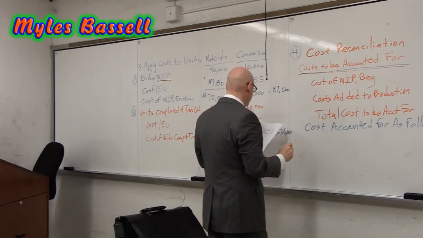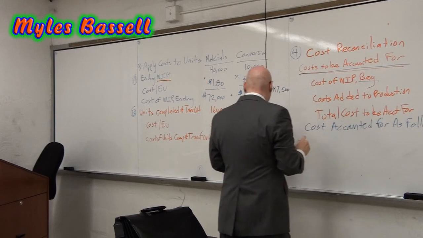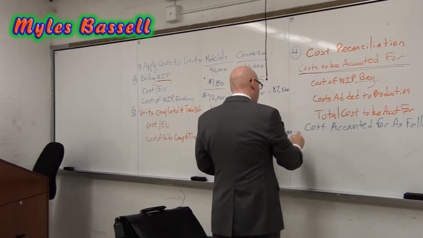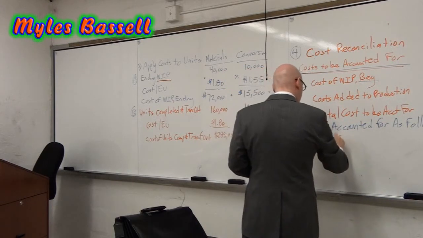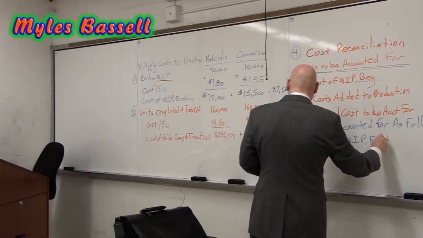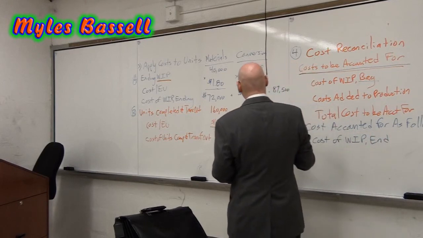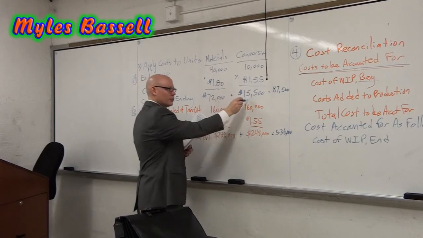So let's see. The beginning WIP was 50,000. But the cost of WIP at the end of the period was what? 87,500. Right.